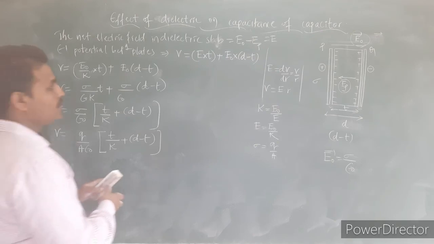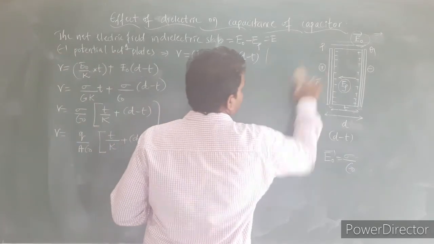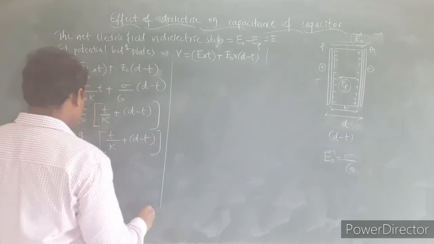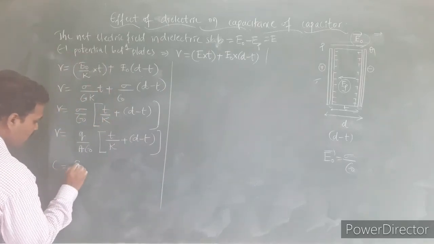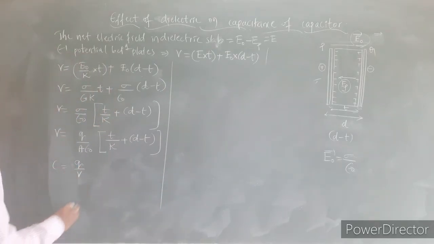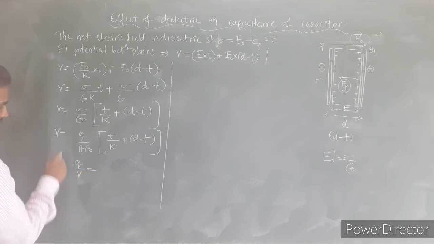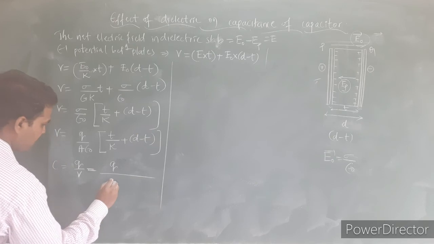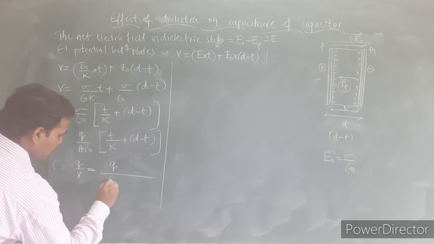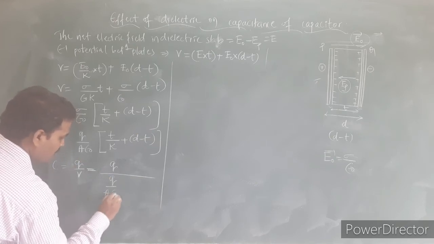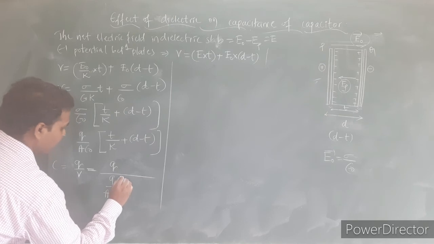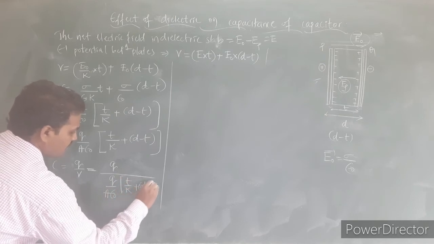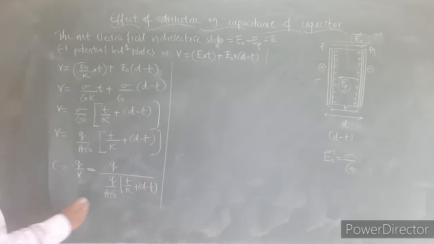Now we have the definition of capacitance: C is equal to Q divided by V. Now replace V by this expression, so I can write it as Q divided by Q by A epsilon naught, inside the bracket T divided by K plus D minus T.